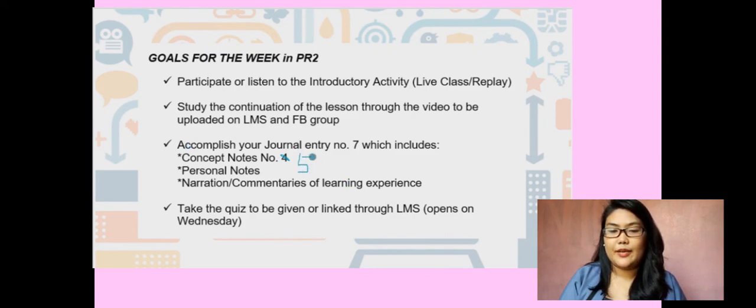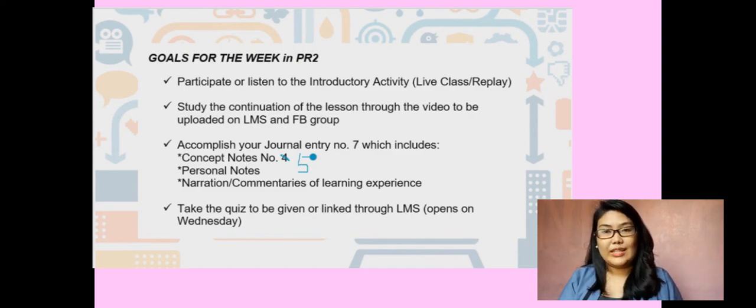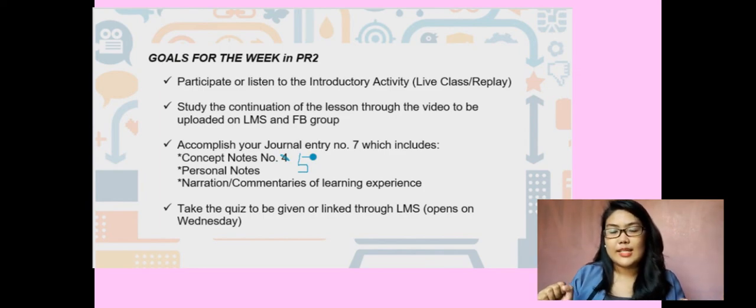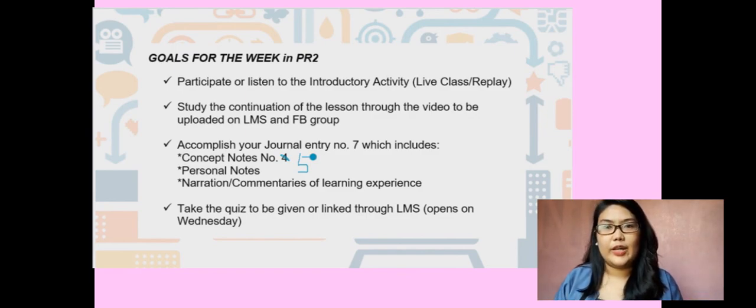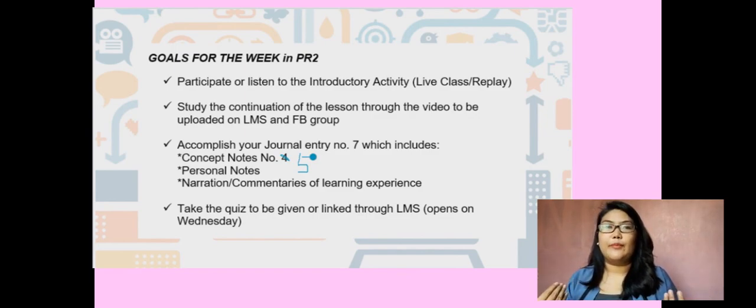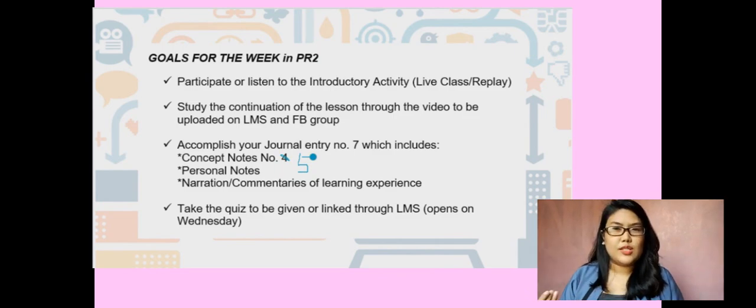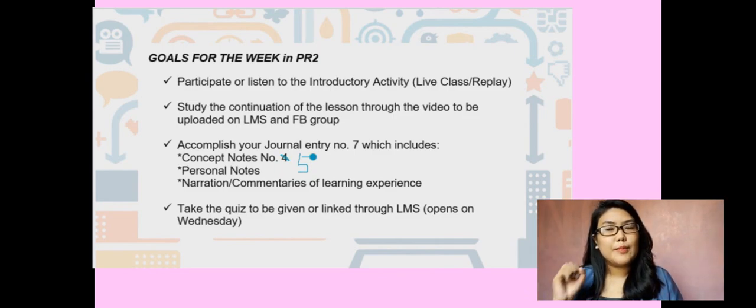Okay, number 5. Personal notes, hindi lang concept notes na literal lang kokopyahin nyo lang, but what you have heard from me, the examples, the keywords that I have given, ilagay nyo yan. And then if you have something, some quotable quotes that you have heard from me, something that you can ponder on, you can also put it there.